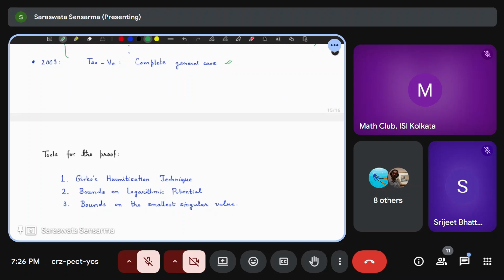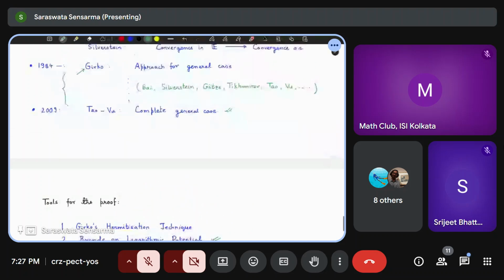This involved two things: bounds on something called the logarithmic potential of these matrices and bounds on the smallest singular value. In the 2000s, 2000 to 2010, this was a very active field. It's still an active field actually. And it was largely due to the fact that people could get some sharp bounds on the smallest singular value that Tao and Wu could prove this general case.